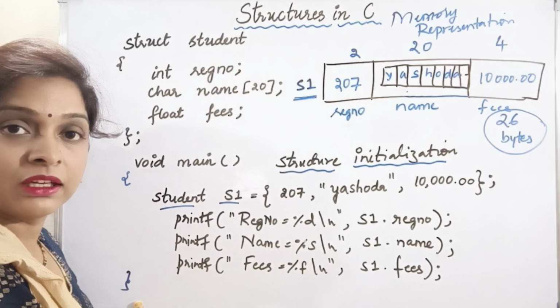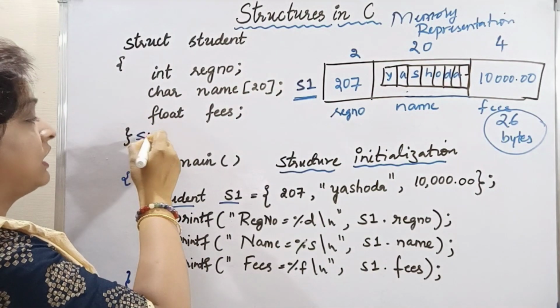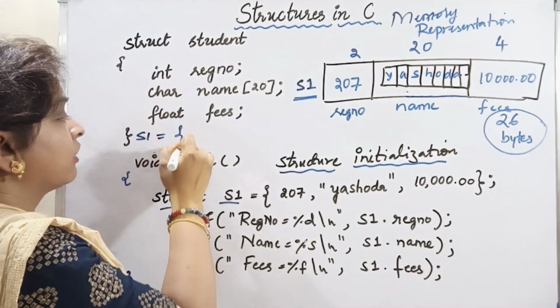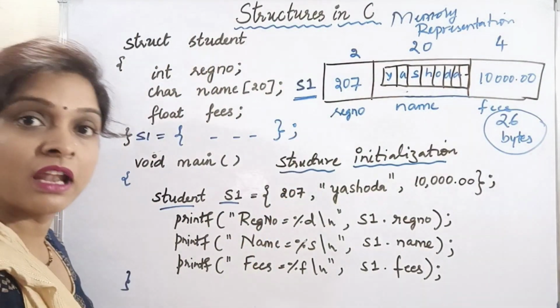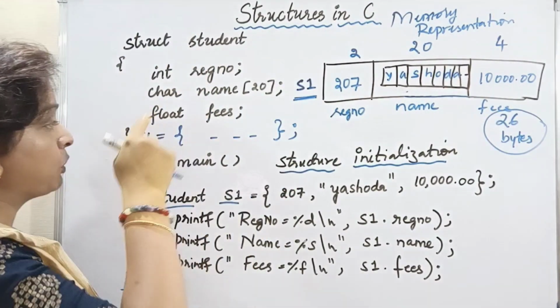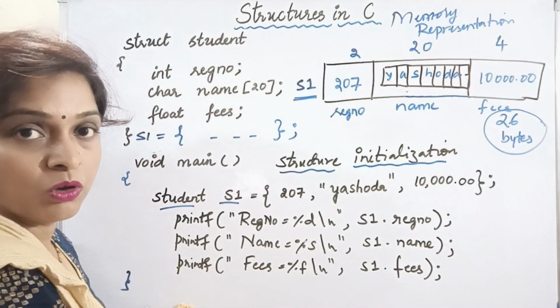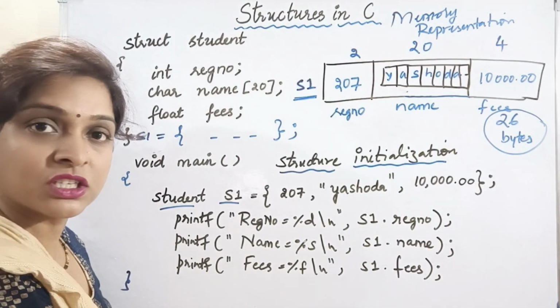Close the main. You can also have this declaration, or declaration with initialization, at this point of line also. You can do it here, or you can do it inside the main also. So this is the structure initialization program.